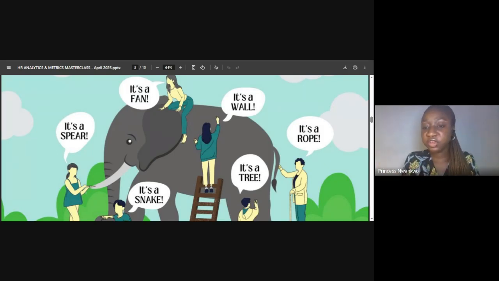But where we are going with HR today, HR professionals have become more strategic in the execution of their work. HR today has become very proactive instead of reactive, and that is really where HR metrics and analytics comes in. As a human resource professional today, you cannot be making talent management decisions or workforce optimization decisions just based off of what you think, what you observe, what your intuition tells you.